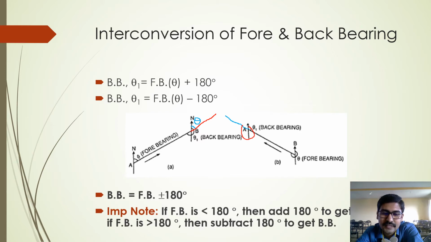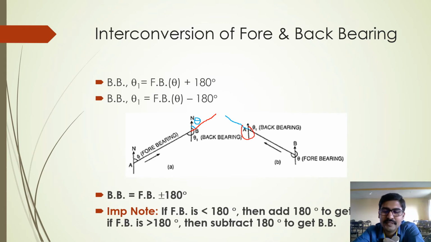And if the fore bearing is greater than 180 degrees, then subtract 180 degrees from the fore bearing to get the back bearing of that line. So if the fore bearing is more than 180, subtract 180. If it is less than 180, add 180 to get the back bearing of any line, right?